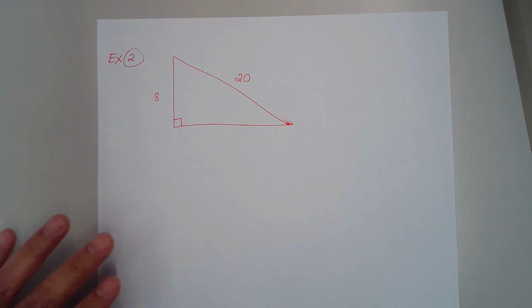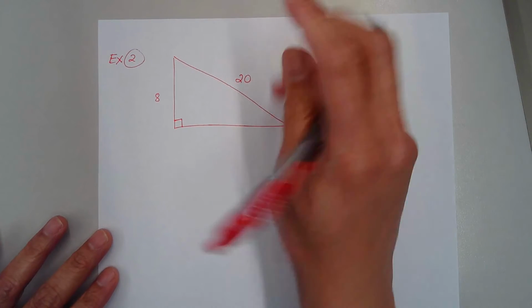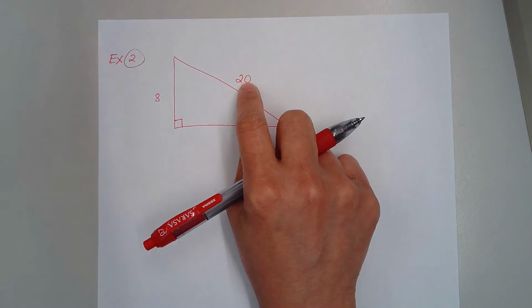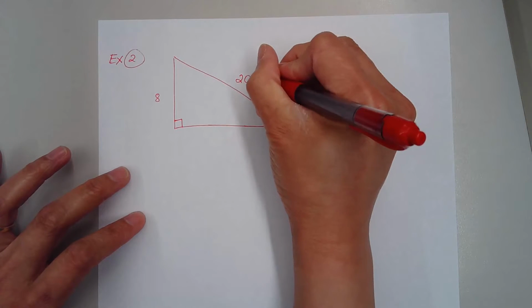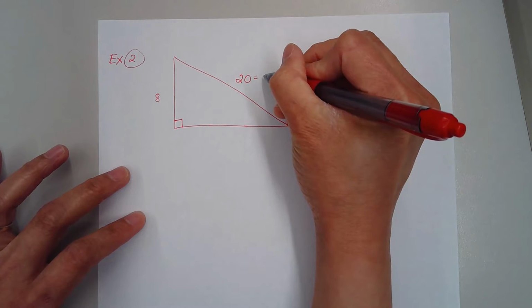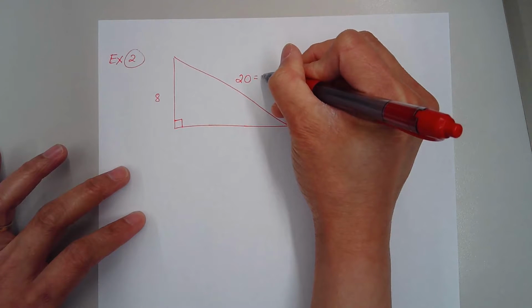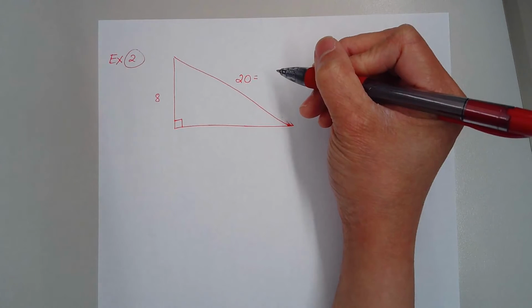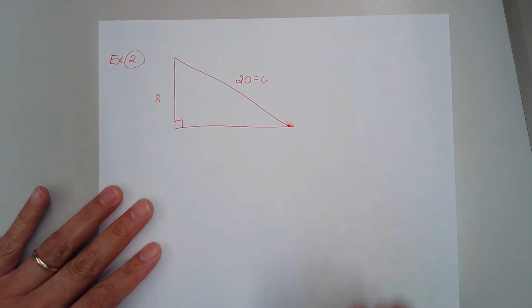So, what do you call this side? The longest side is called the hypotenuse. So what letter do we put this as? Is it A, B, or C? C. Okay.